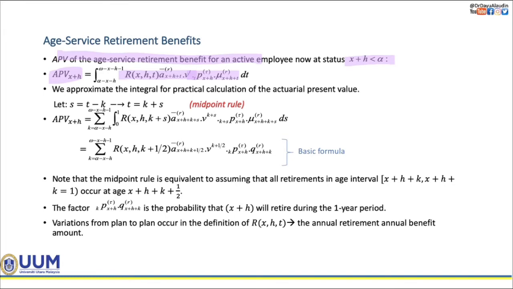And then by using the midpoint rule, finally we get the basic formula for the age service retirement benefit, which is this one.